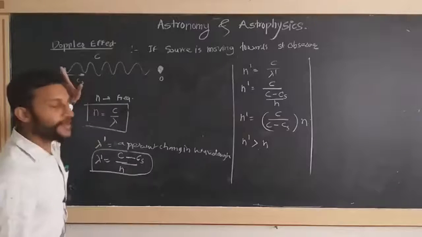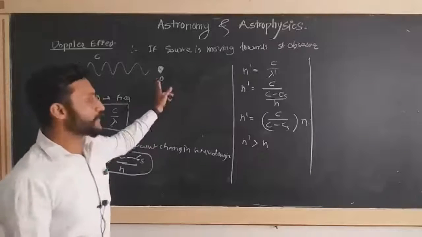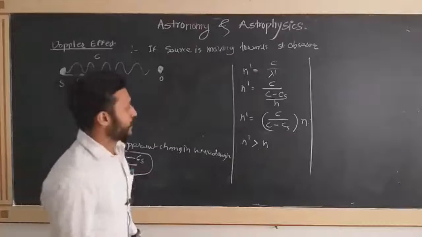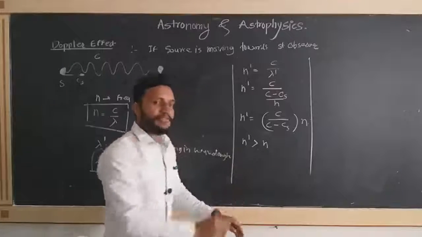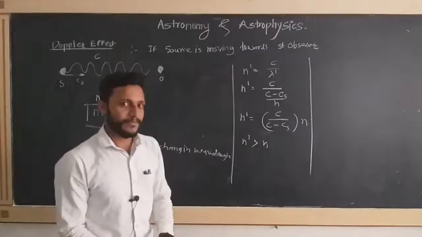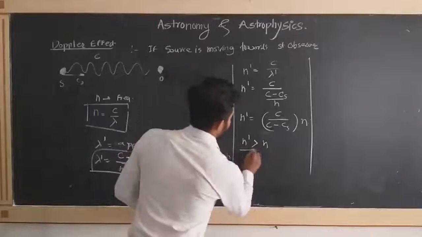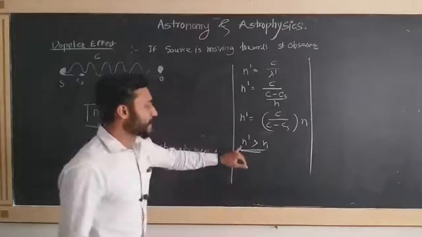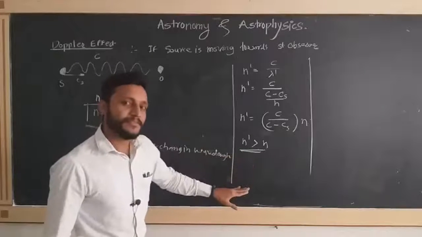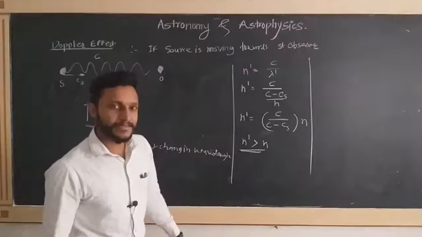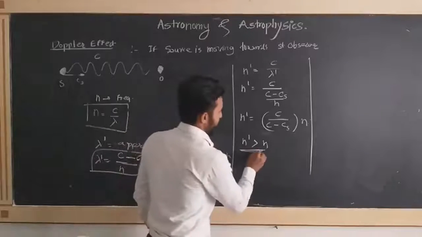if the source is moving away from the observer, in this case the apparent change in frequency is less, right? So it means that the apparent wavelength is more.